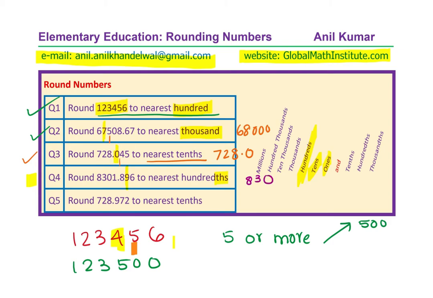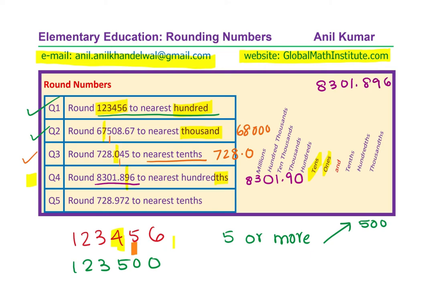If I increase 9 to 10, 1 will be carried forward, correct? 8 becomes 9. Do you see that? 8301.90 is the right answer. How did I get it? Look at it once again. I have the number 8301.89 and the next number is 6.